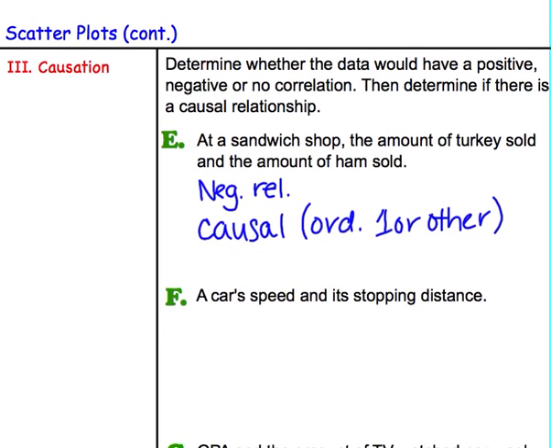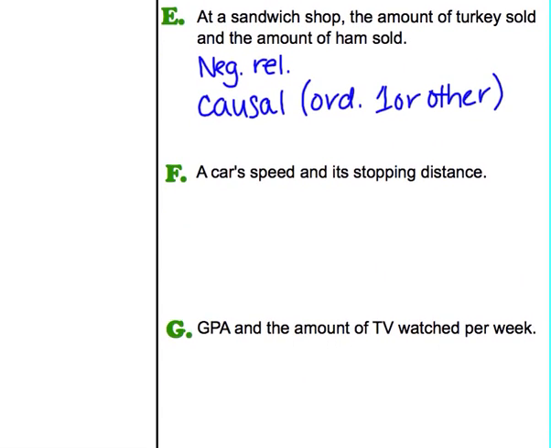Now looking at this second one, a car's speed and its stopping distance. Well, I know from driving, and many of you who are going through driver's ed know, that as you increase your speed, the greater the distance you're going to need for stopping, therefore making this a positive correlation or a positive relationship.